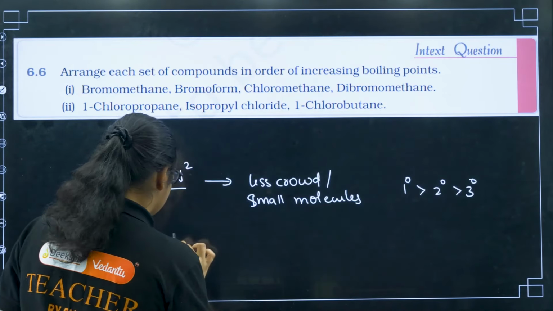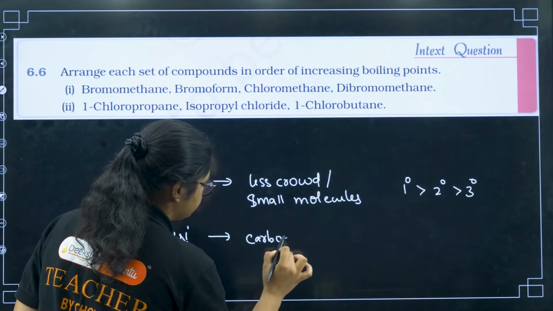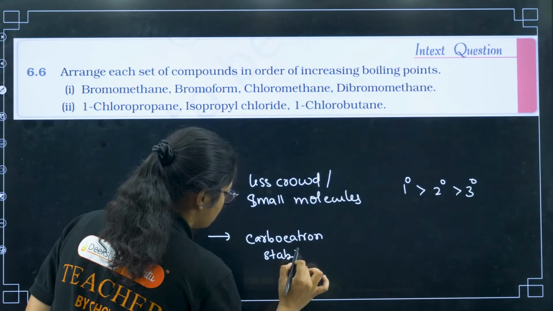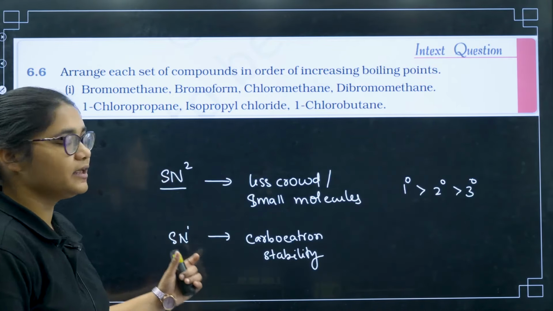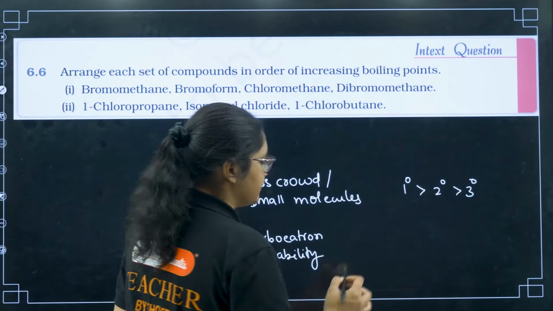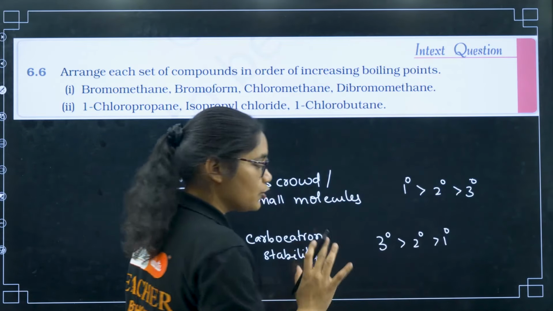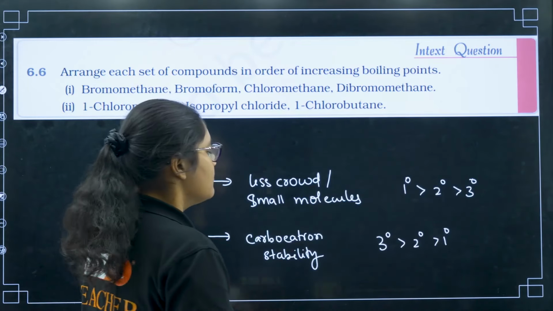SN1 is more about carbocation stability. More is the carbocation stability, better will be the reaction. Generally carbocation stability is 3 degree, 2 degree, 1 degree, but it is not always. If you have some resonance stabilized carbocation, that is given more priority.